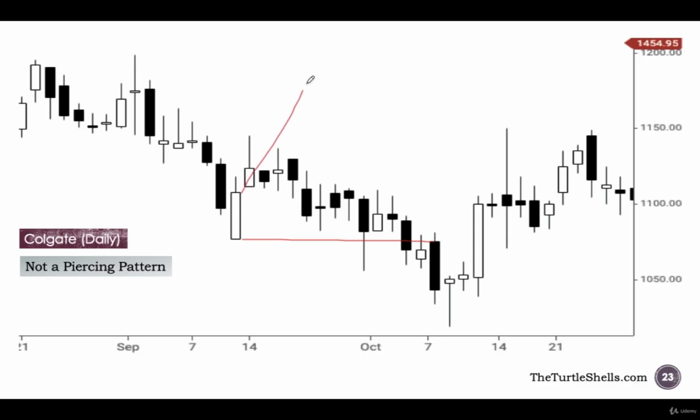The price never went up from here. The reason for that is it was not a piercing pattern at all. Moreover, it is not confirming any prior support as well. So don't take these kinds of trades. These are not correct patterns. One of the conditions is not getting met, so it is not a piercing pattern, okay?